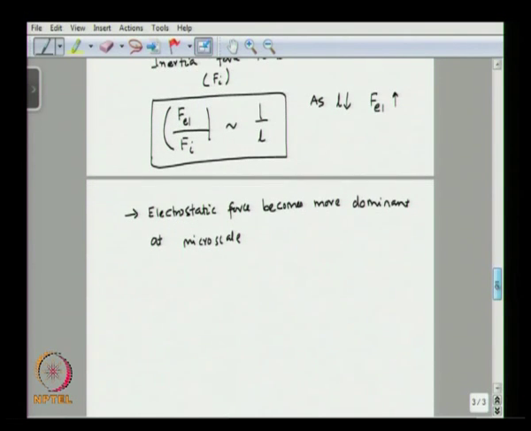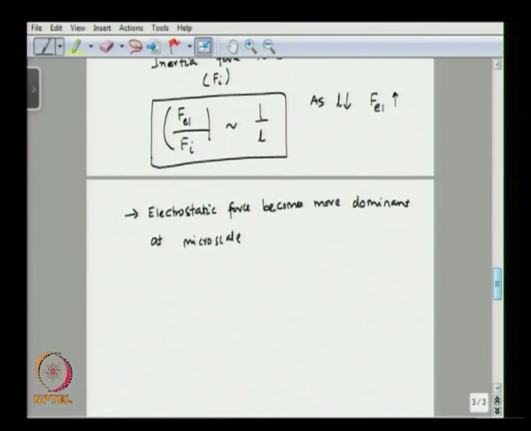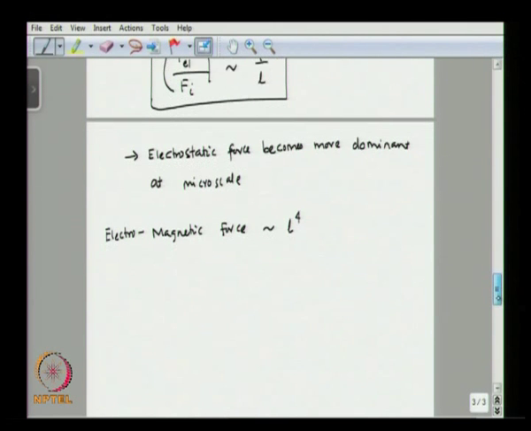Now, if you compare how the electromagnetic force is going to scale. The electromagnetic, the magnetic force, is going to scale as L to the power 4. Okay.